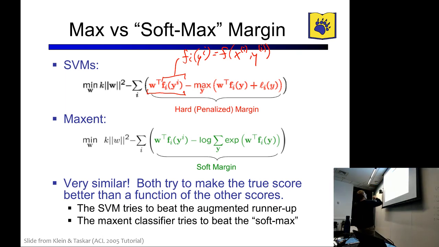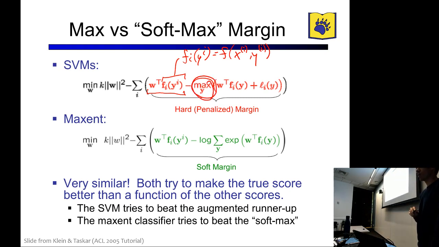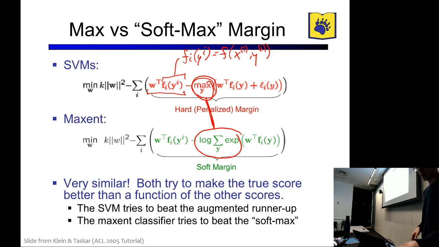So these look really similar, except that one of them has a max over all possible y, and one of them has this log sum exp over all possible y.